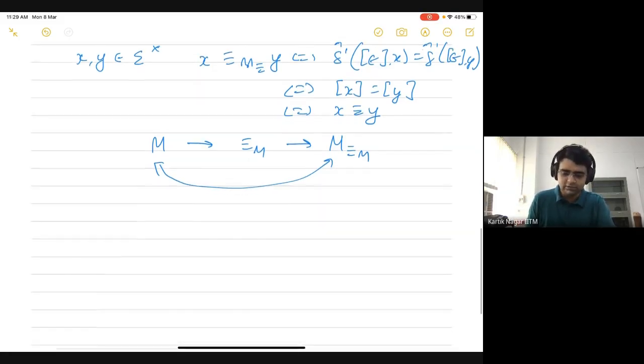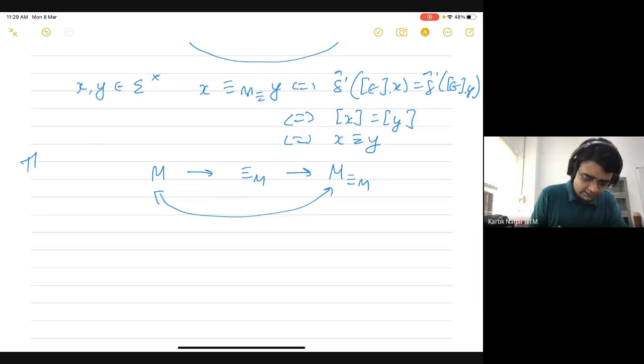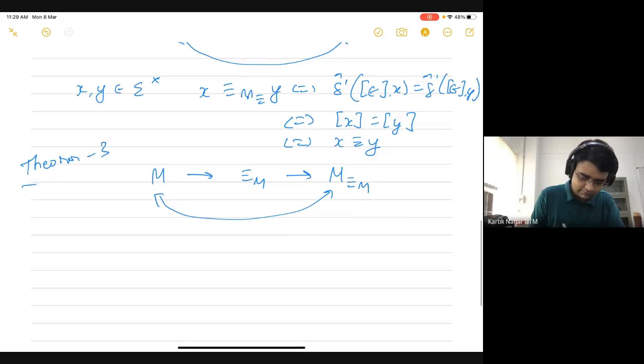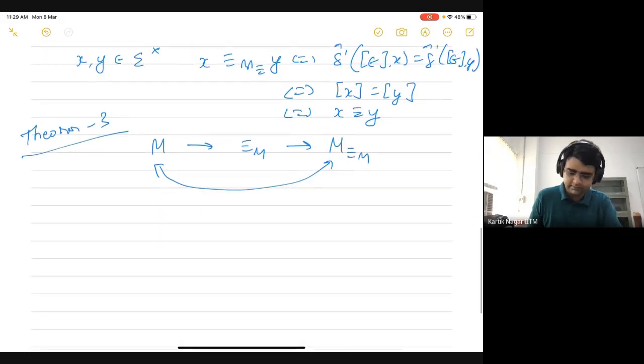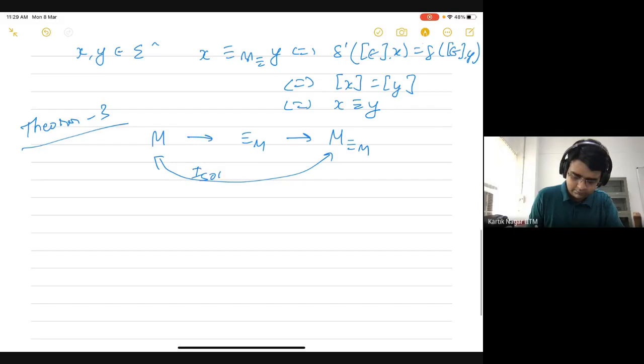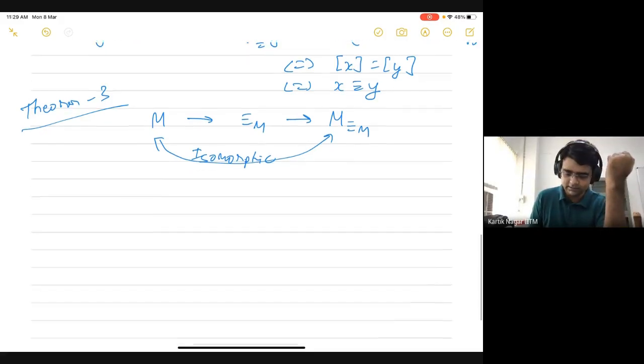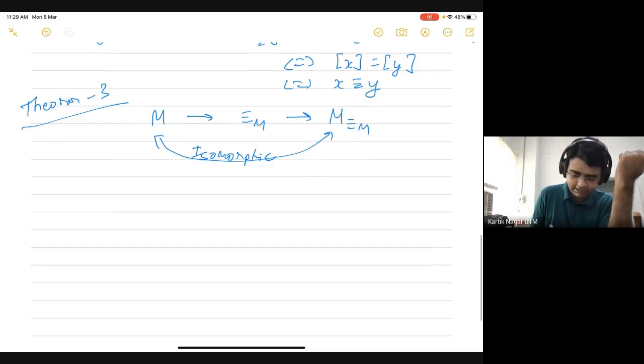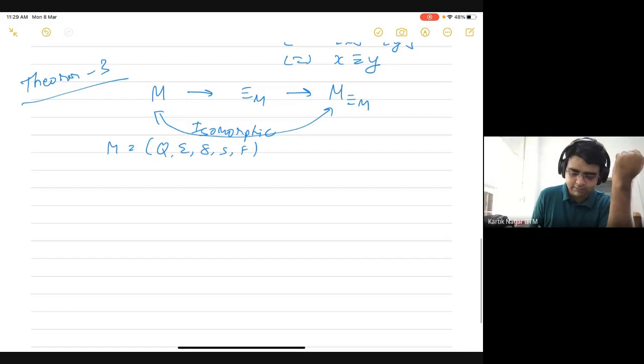So let's prove this now. Let's call this theorem 3. This will also give us some practice on how to prove that two DFAs are isomorphic to each other. Let's define some notation. Let's say that M was Q, sigma, delta, S, and F, and based on that we define this Myhill-Nerode relation.